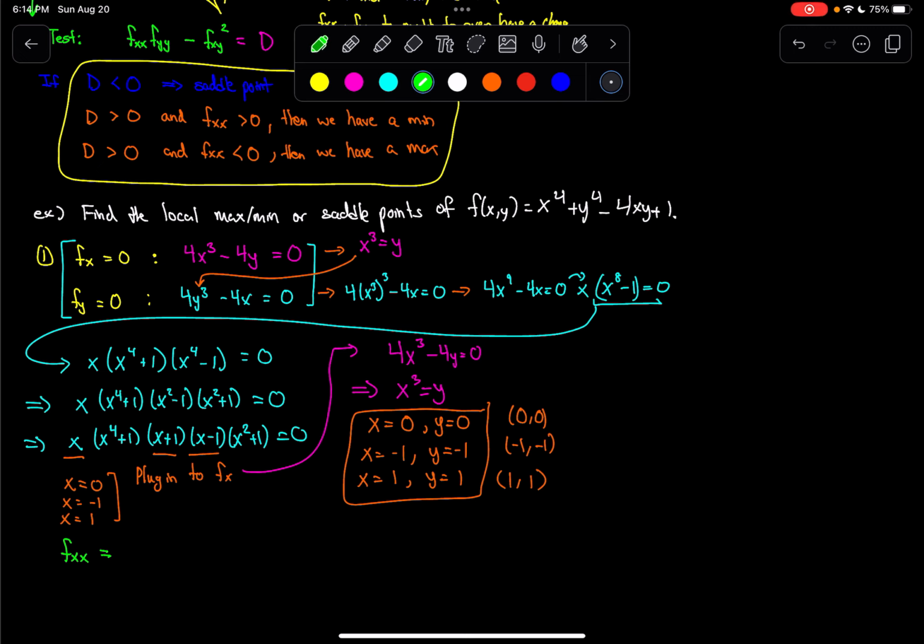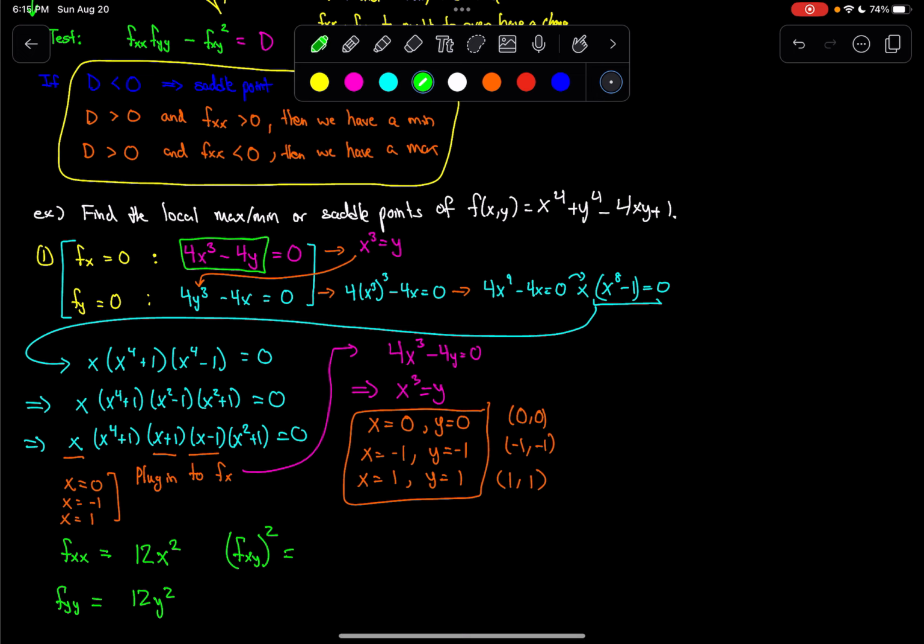Since this was the first derivative with respect to x, the second derivative is just going to be 12x squared. The second derivative with respect to y is going to be 12y squared. And then just for kicks and giggles, we will also do f sub xy squared.